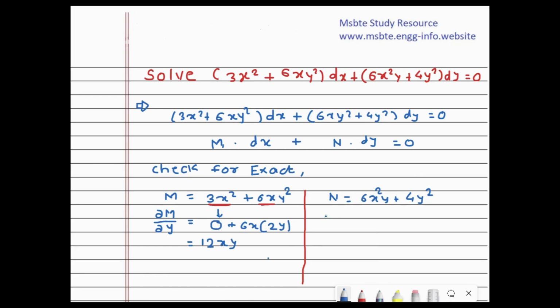Similarly, let us find the partial derivative of N with respect to x. This is the rule for checking the exactness. These both partial derivatives must be the same, then and only then the equation is exact. So let me mark the constant. Now we are going to differentiate with respect to x. So the y terms are treated as constant. These both are constant and this complete term is constant.